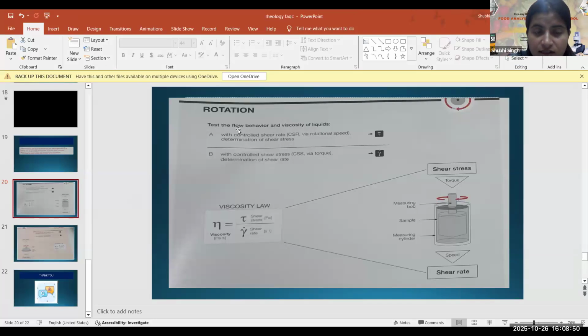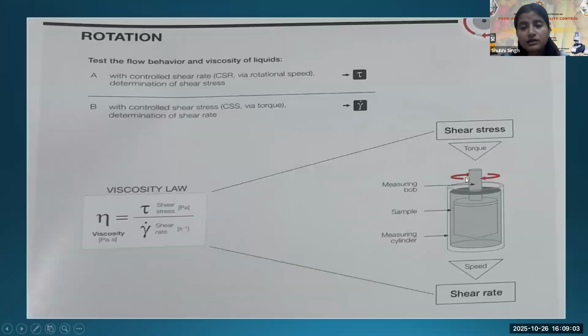Rotation tests the flow behavior and viscosity of liquids with controlled shear rate and determination of shear stress, like this one. If you are providing torque, moving the probe, the spindle, and using rotatory motion, the equation you will be using is shear stress upon shear rate.